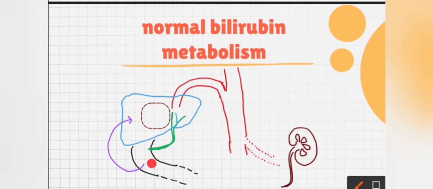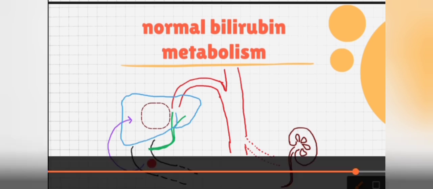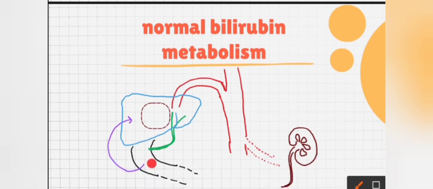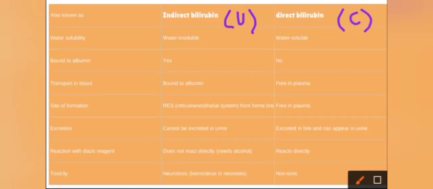Now the majority of this conjugated bilirubin is transported further in the small intestine and large intestine, and is excreted out via feces, while a small part of it is circulated back into the liver via enterohepatic circulation. So this is the pathway of enterohepatic circulation.